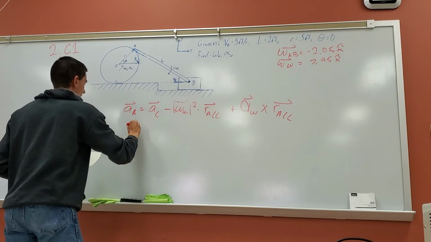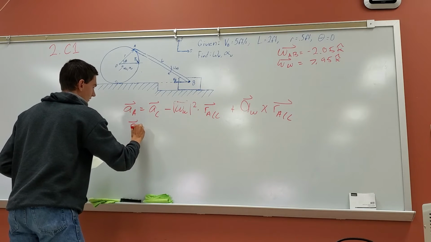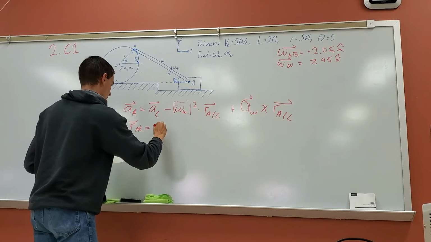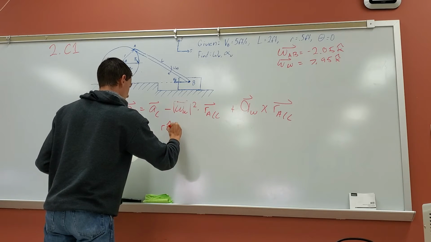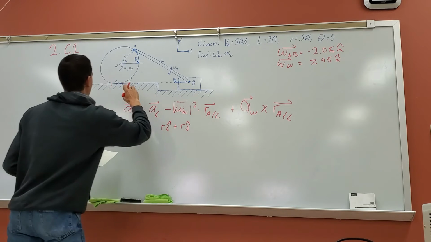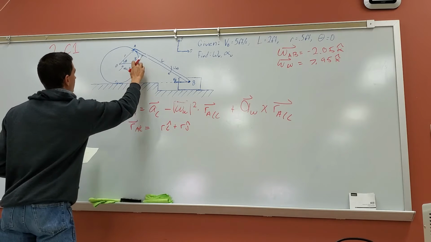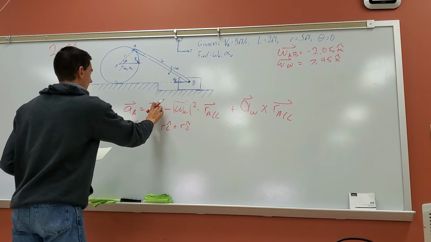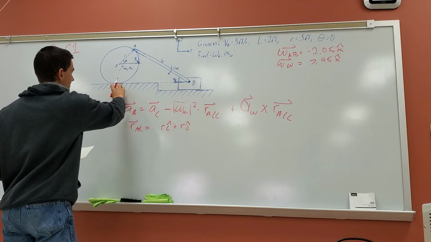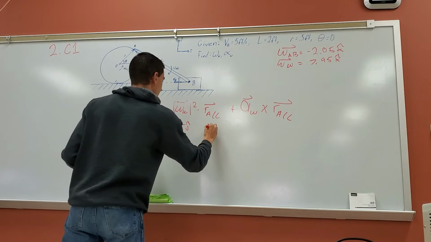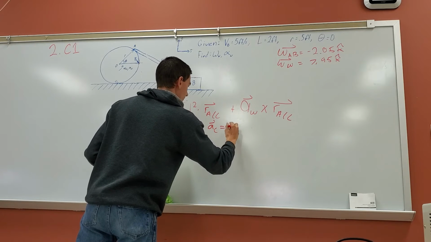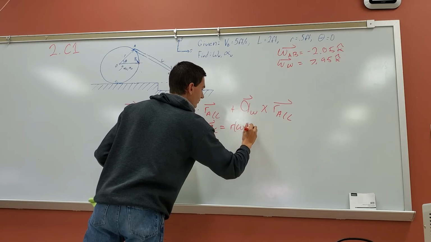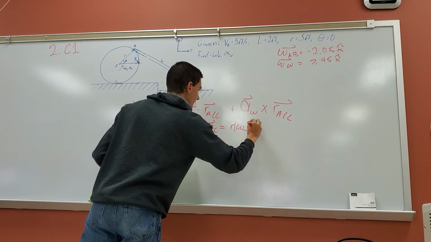We can note that RAC is equal to R i plus R j, because we're going over R and then up R to get to this point A over here. We also know that the acceleration of C at the point over here, since it's a no-slip condition, is equal to r times the magnitude of omega squared in the j hat direction.